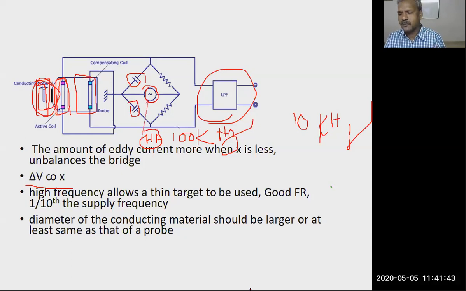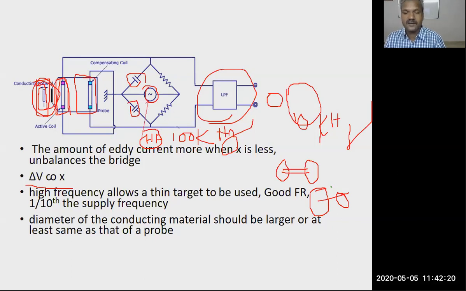Suppose the probe diameter is the same as that of the conductive material; either it should be the same diameter, or the conductive material should be larger than this. Say this is a conducting plate and the probe diameter is smaller. This is possible, but the probe diameter should not be larger than the conducting plate. So this is a very important design consideration in eddy current transducers.